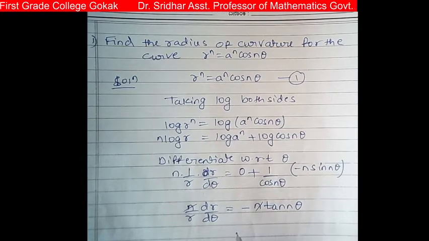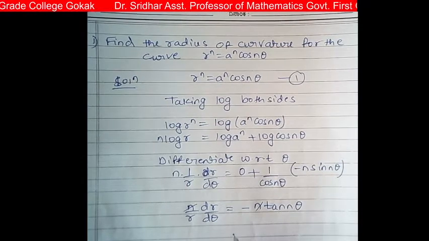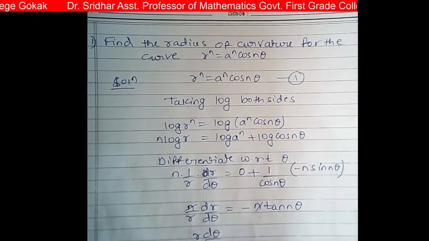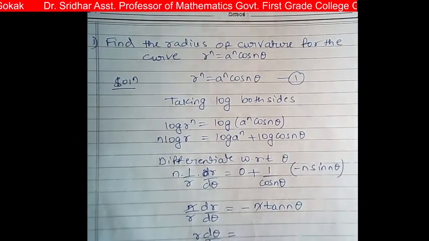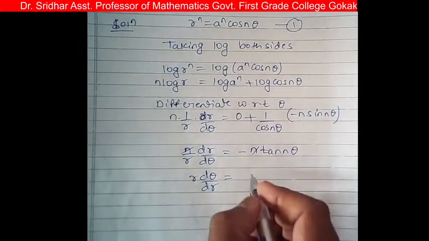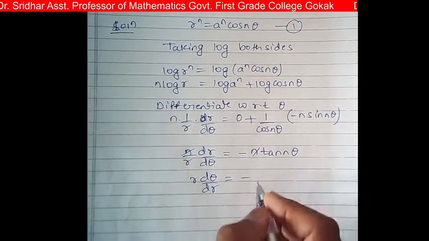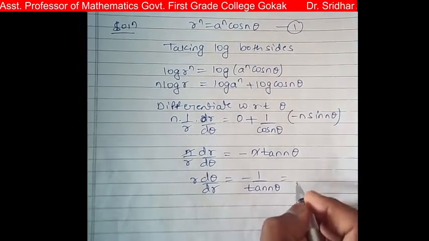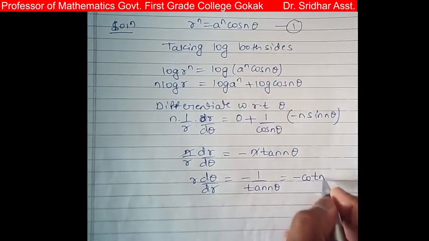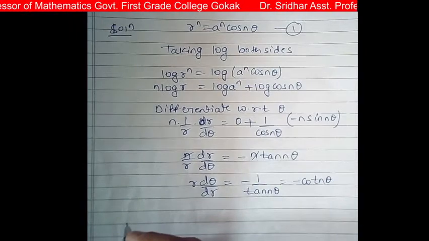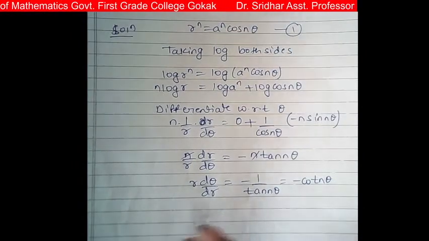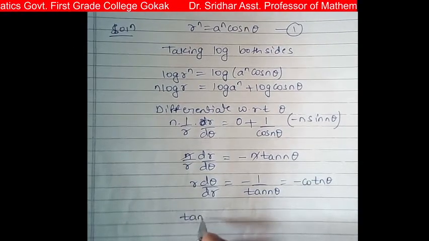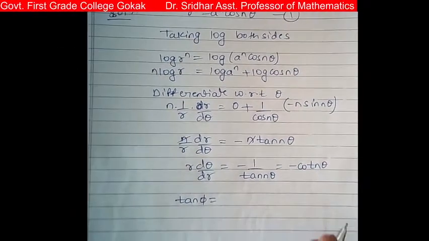So now we find r d theta by dr. Reversing this, r d theta by dr is equal to minus 1 divided by tan n theta, which is minus cot n theta. Okay, so now this is nothing but tan phi, the angle between the radius vector and the tangent.